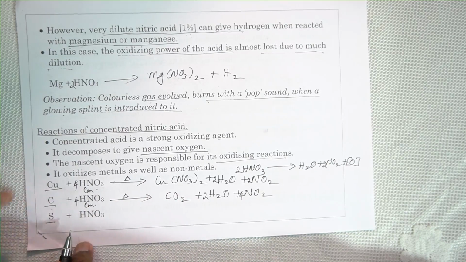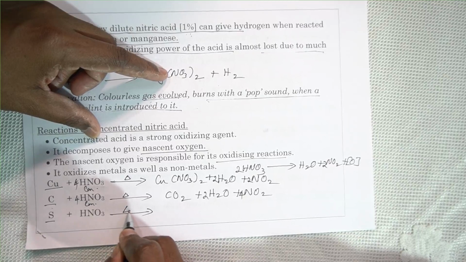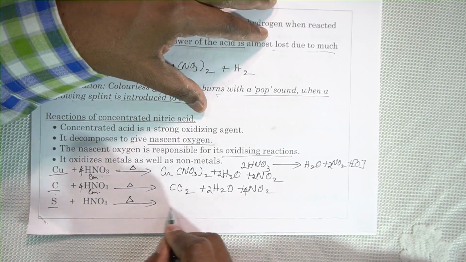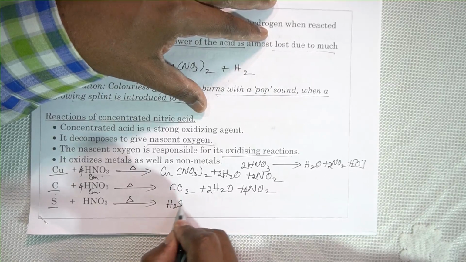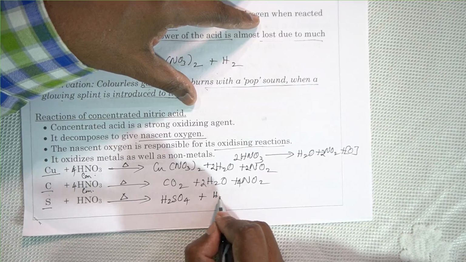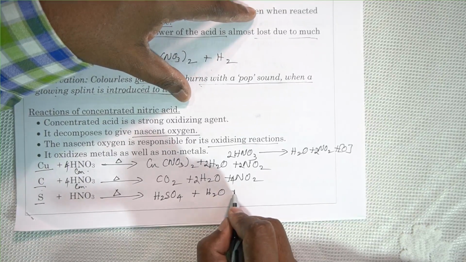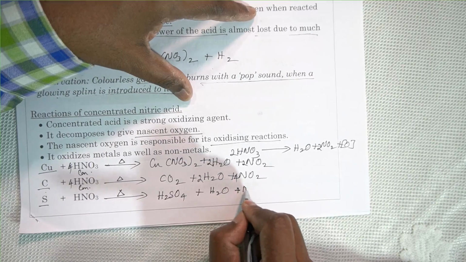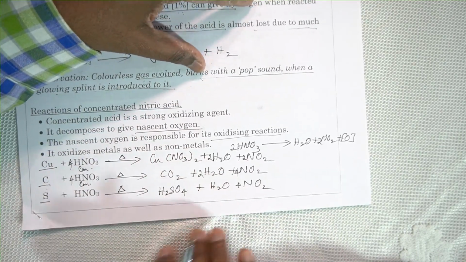Then we have sulfur. Sulfur when heated with concentrated nitric acid will give you H2SO4 plus H2O plus NO2, nitrogen dioxide.